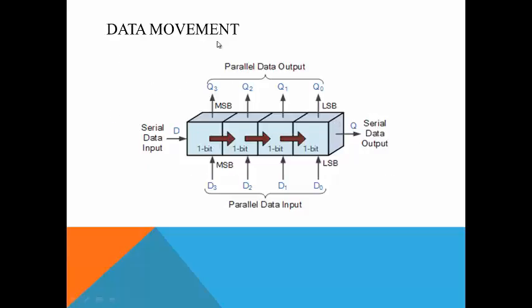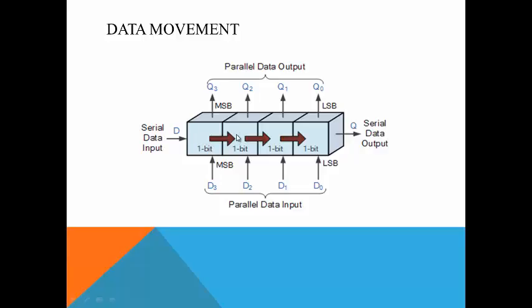Okay, so the data movement will be like this. So this is the 4-bit register. For a 4-bit register, you need only 4 flip-flops. Now using the basic 4 flip-flops, you can form any of the 4 combinations or configurations which are given above. So serially the data can come in, and for every clock cycle it can move from one flip-flop to the other.